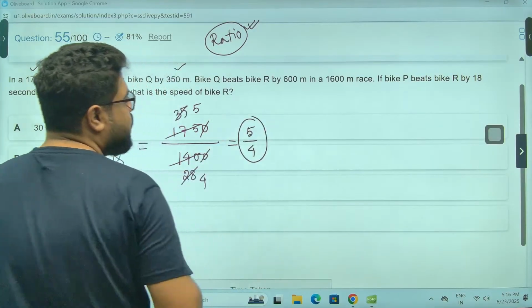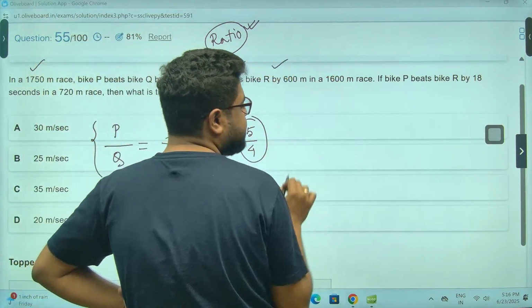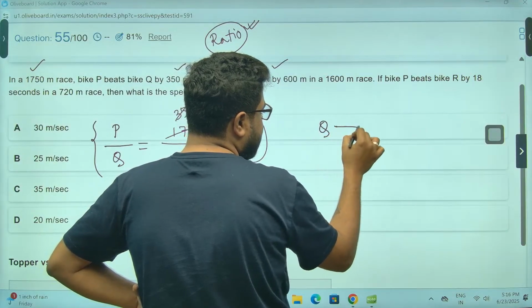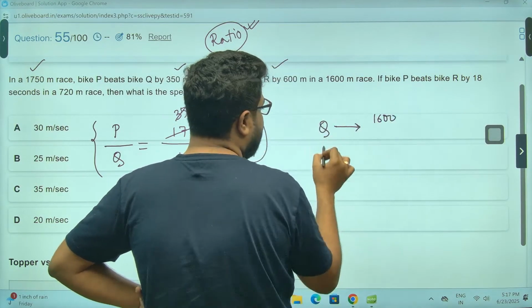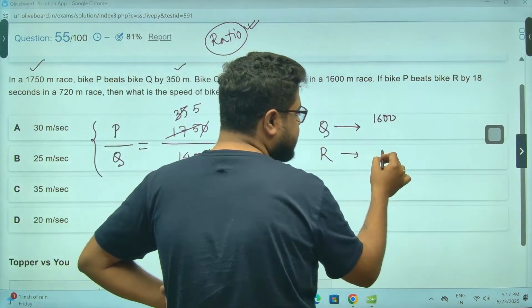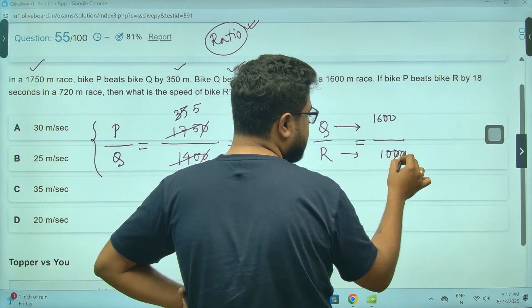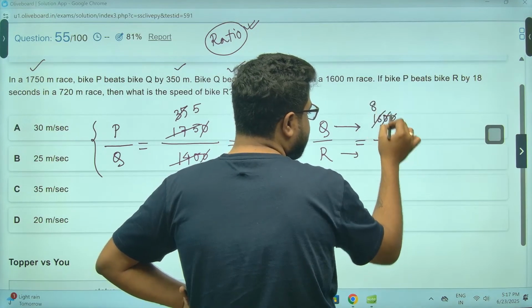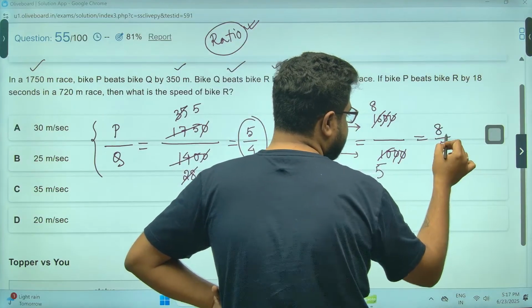P by Q. Now again some information: Q beats R by this. So by the time Q goes 1600 meters, R goes how much, sir? Beats by 600 meters means R goes 600 meters less. So the ratio will be this. Sorry, so 2 8s are 16, 2 5s. 8/5, sir.